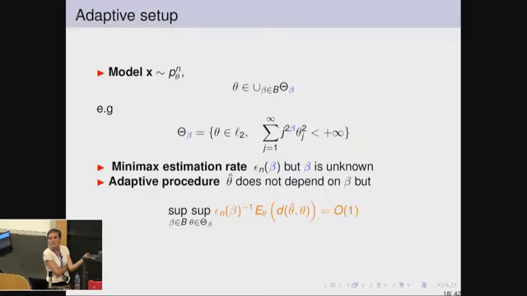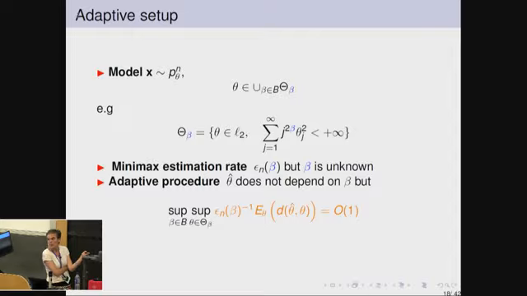The rate at which the coefficients decrease to 0 gives a notion of smoothness of your parameter. For each beta you have a different space, and the union of these spaces is the whole parameter space. So L2 can be approximated by the collection of these.